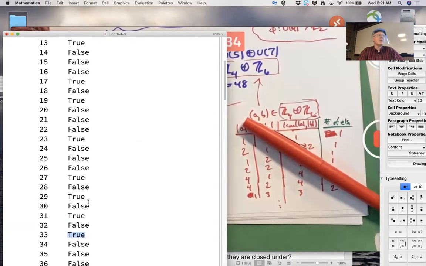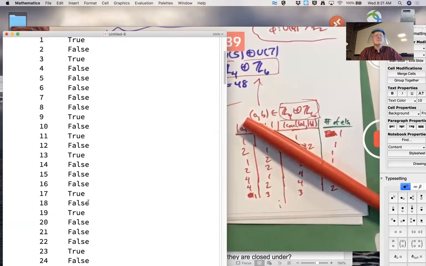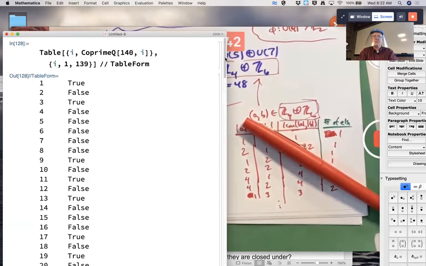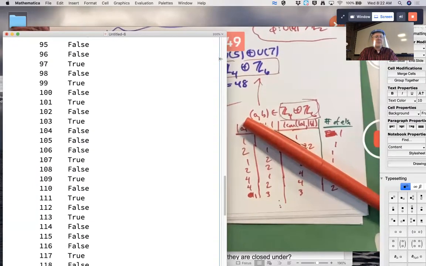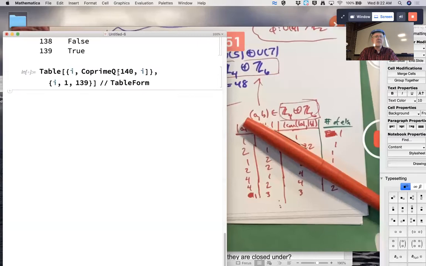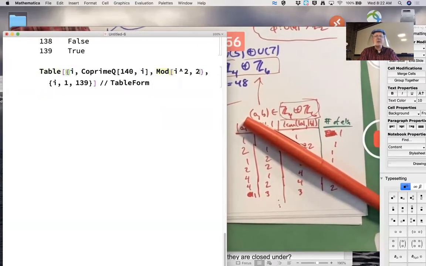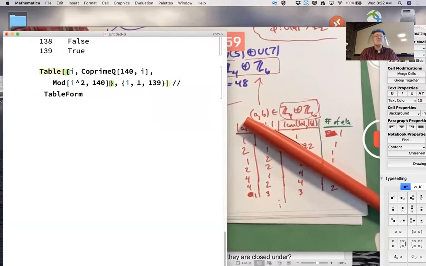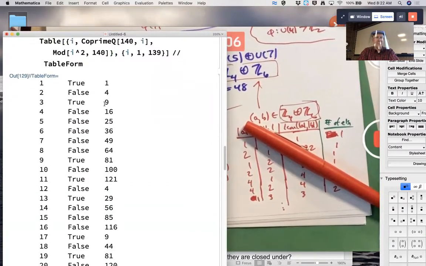And then you could try to go through and figure out the orders of these things quickly, probably. You could make another table where you square them all and mod by 140 to see the elements of order 2. Could go Mod[i^2, 140]. I won't bother getting rid of the ones that are false, but for the ones that are true, which of these gives you 1?